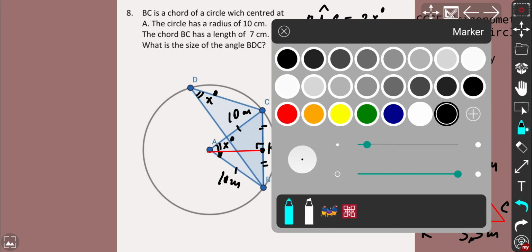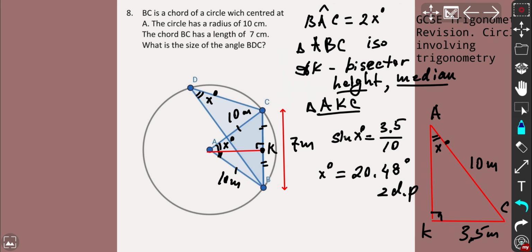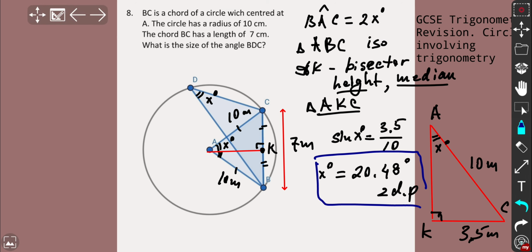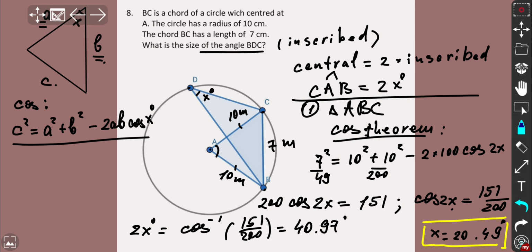So that's the solution for the problem. If you compare with the answer that we got using Pythagoras, you'll actually get the same. Let's check it. 20.48, so 20.49. A bit more, the difference is in the second decimal.